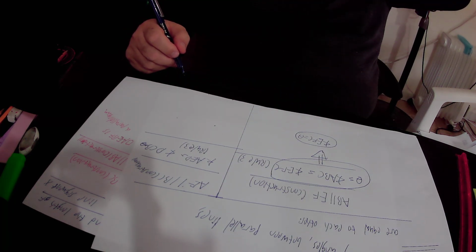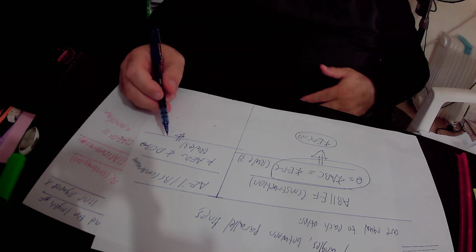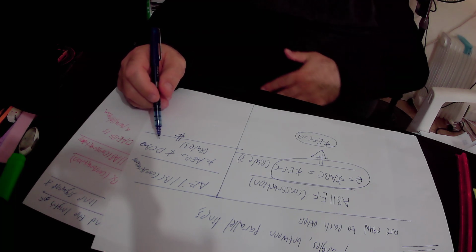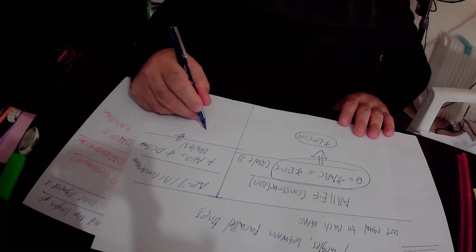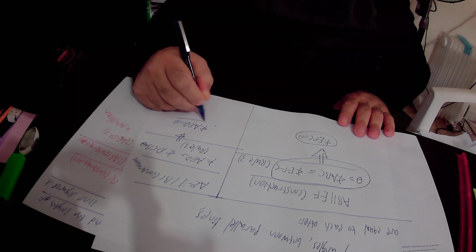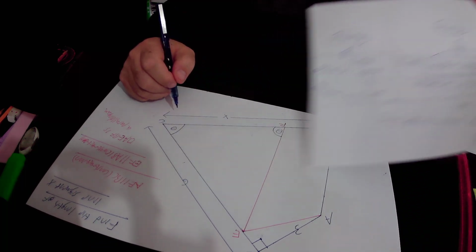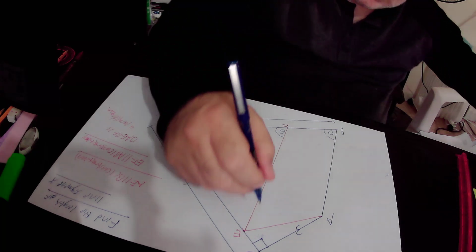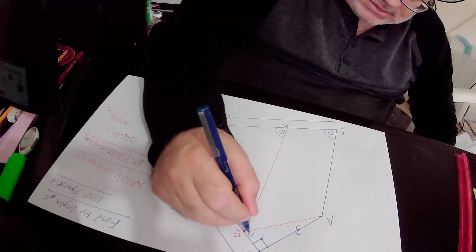And from this equation, angle AED equals angle DCB equals theta. We will derive that angle AED is also equal to theta. So we can write here that this angle AED equals theta.